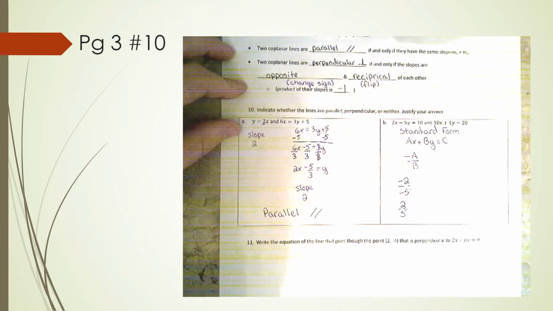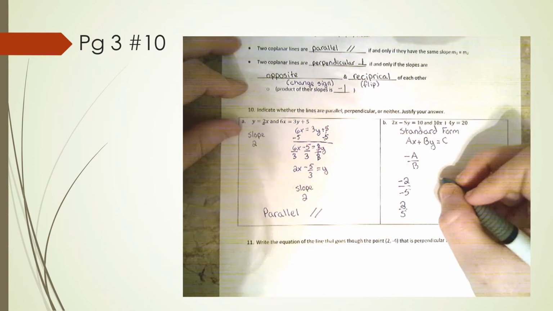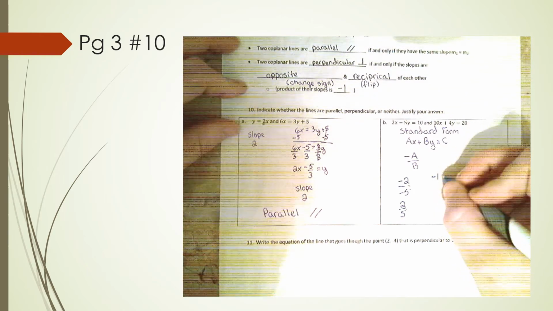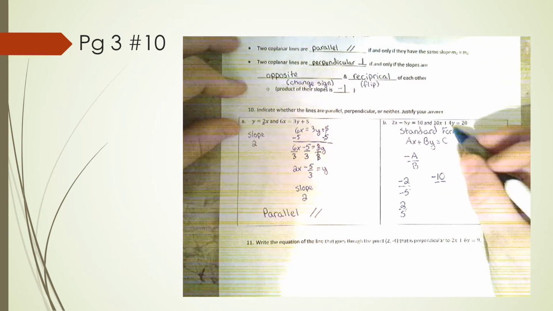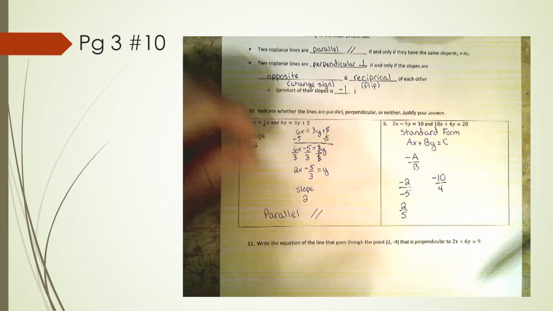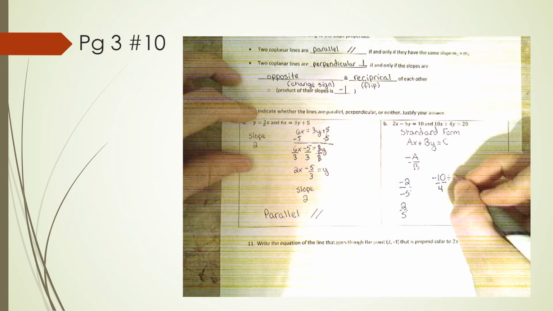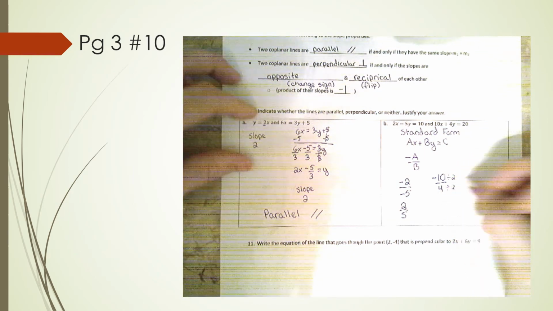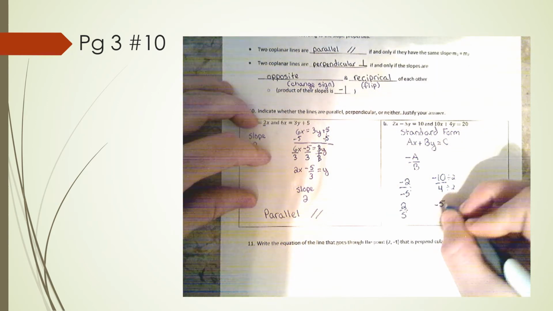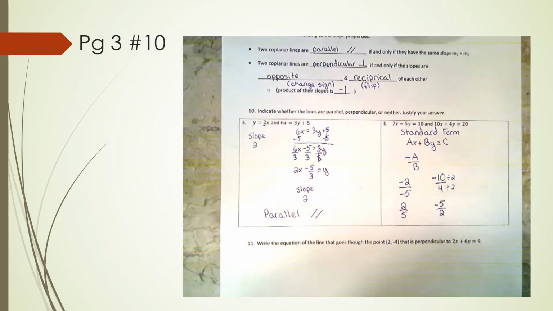Now the other slope, I would have the opposite of 10, which just means it needs to be negative instead, over b, which is 4. Now that can be simplified down by dividing each one by 2 from our greatest common factor. And I would get negative 5 over 2.